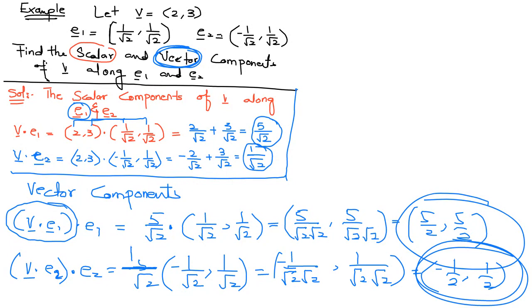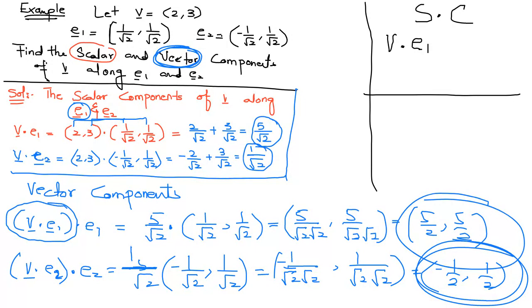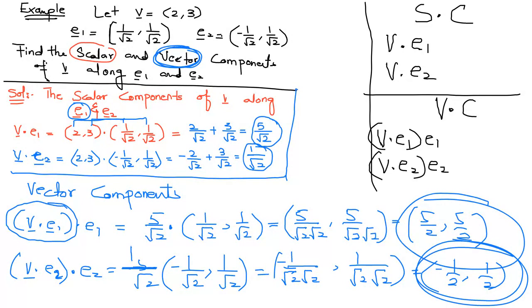Okay, so basically, for the scalar components, V dot E1 and V dot E2, you have to use this formula. For the vector components, you have to use V dot E1 times E1 and V dot E2 times E2. These formulas you have to remember for finding the vector components and scalar components. Is this clear?